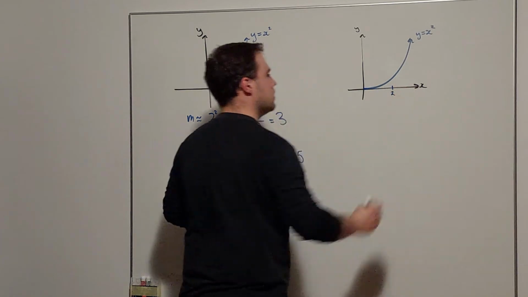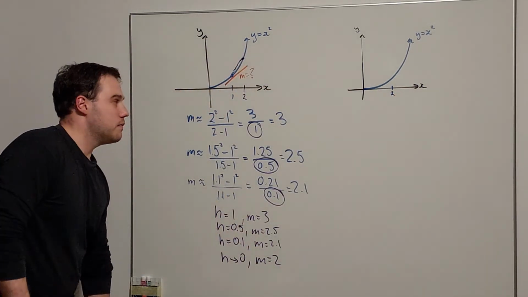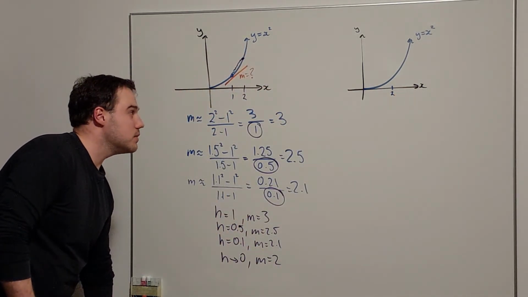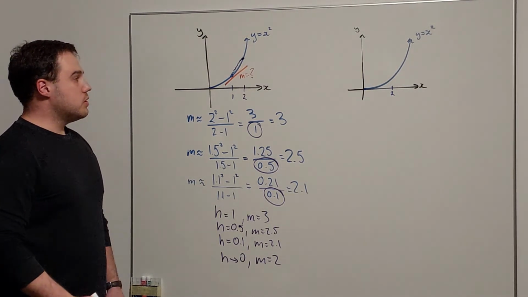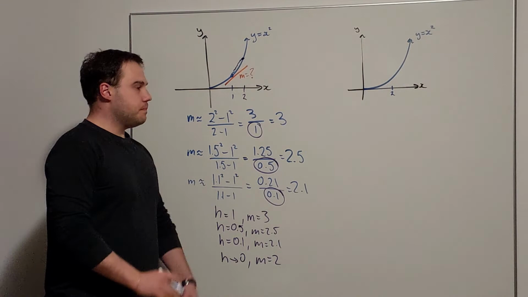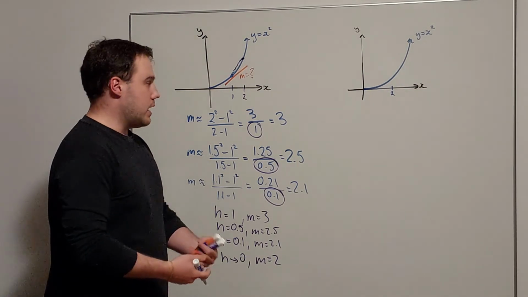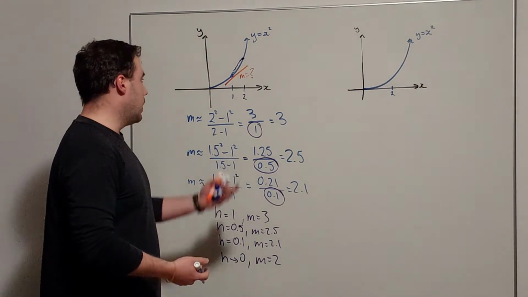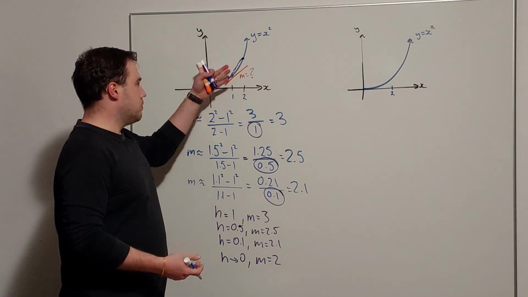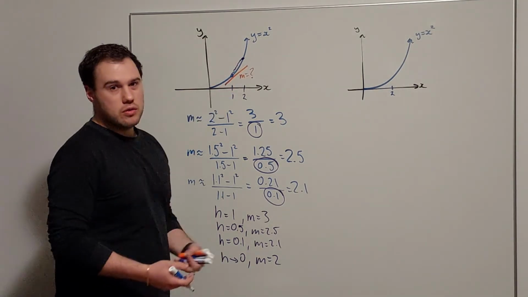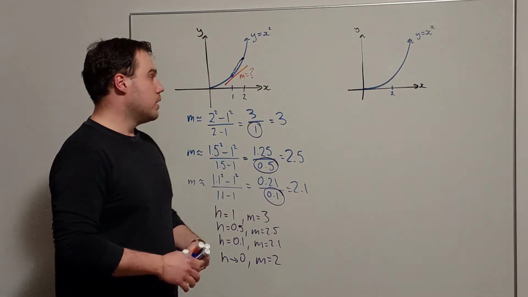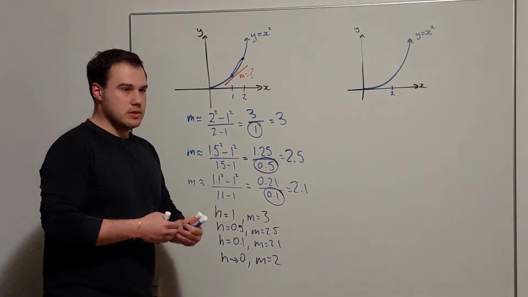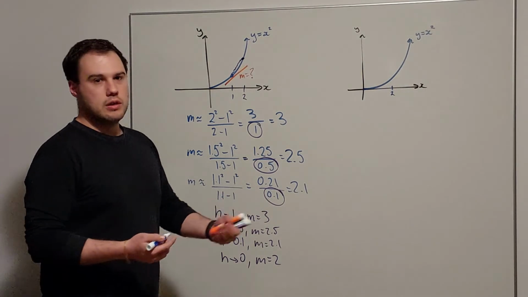Again, obviously this isn't to scale, but hopefully it's sufficient to be illustrative. Alright, so what I want to do now is frame the gradient of the tangent, rather than picking a value for the step size, 1 and then 0.5 and 0.1, we just consider the step size as some arbitrary distance, right?